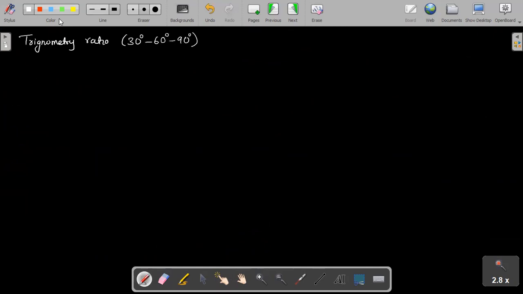So if I am going to draw a right angle triangle, then I'm going to write these angles here. Of course, this is a right angle triangle. So I will write 90 degree here, right? Since it is 90 degree, this is A, this is B, and this is C. It's obvious. And now 30 and 60 degree. Let us consider this as 60 degree.